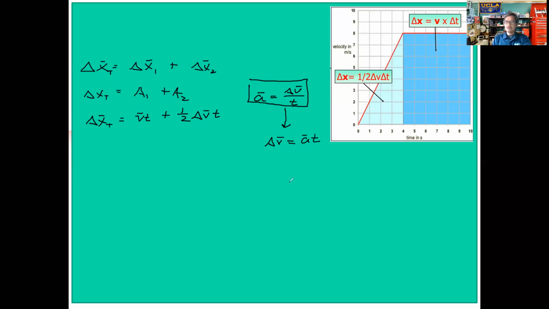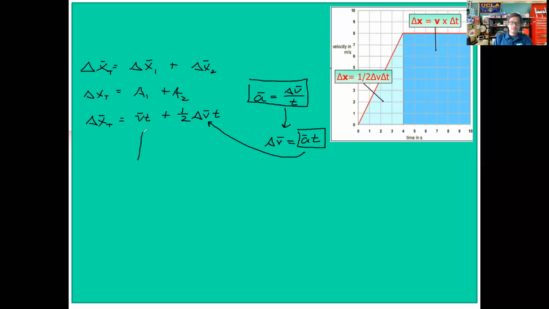Why did we want to do that? Because folks, look, delta V is equal to AT, so we can substitute that in right here. Let's take this part and substitute it in right there since it's equal. If any part of this you're not quite sure about, make sure you come by and see me.